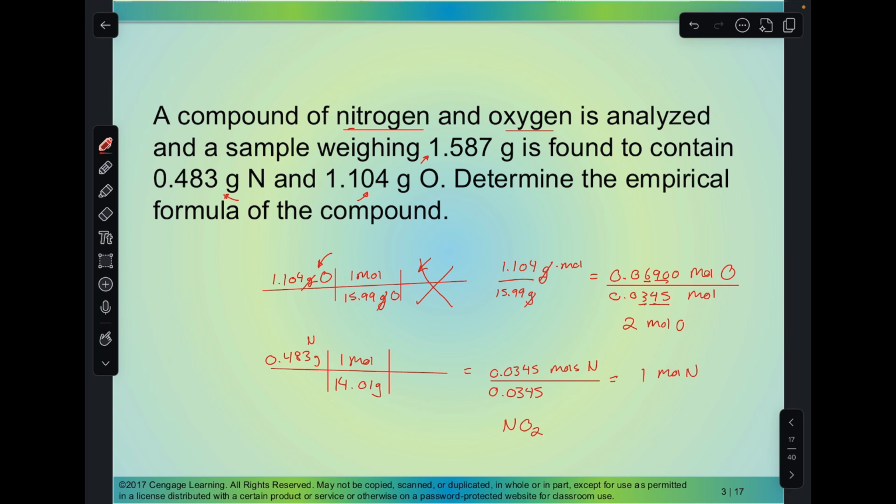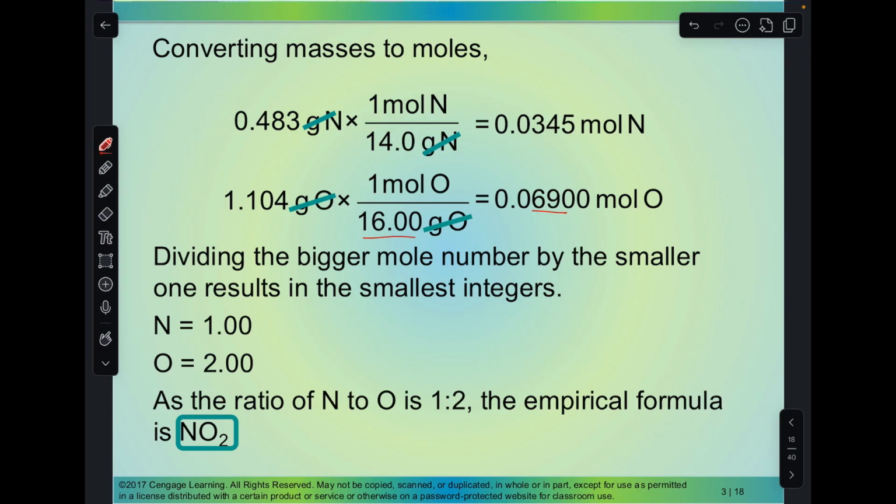There's 2 moles of O, there's 1 mole of N. And that's exactly what we see on the next page, where we divide the bigger mole number by the smaller one. It doesn't say this, but you also have to divide the smaller one by itself, and that's how you will get the number. So we have NO2, and the ratio of N to O is 1 to 2, so the empirical formula is NO2.